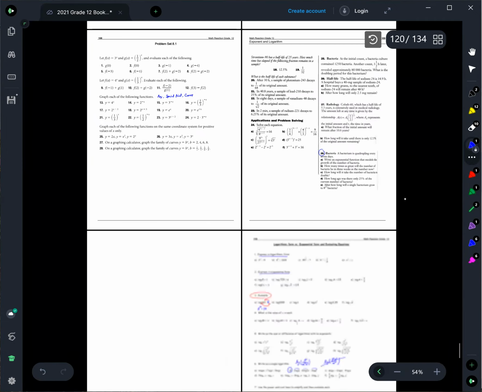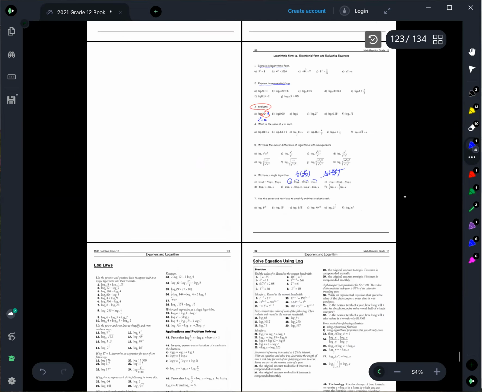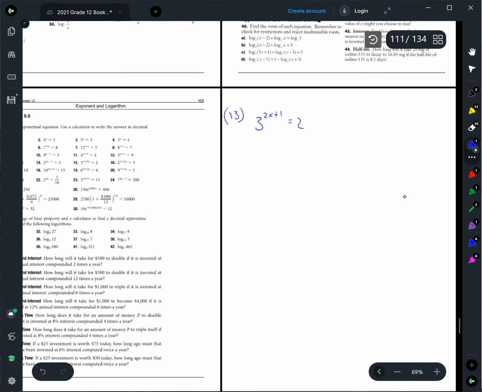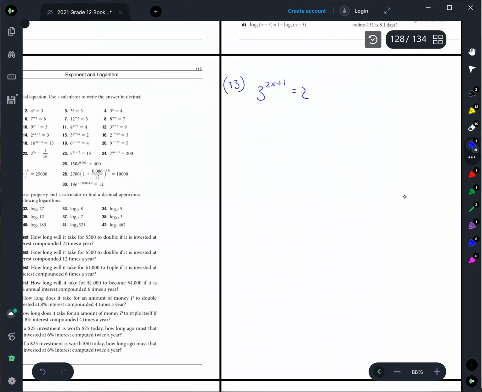So if I bring the log on both sides, it will look like that.